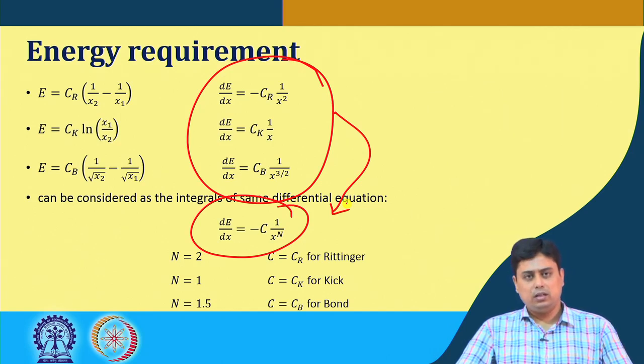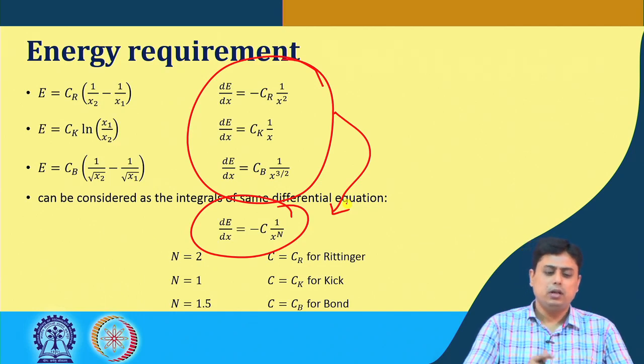When n is 1 and C is Ck, the Kick's law constant, it represents Kick's law, and when n is 1.5, it is Bond's law. Basically, this summary helps us understand the energy requirement for a particular operation as well.